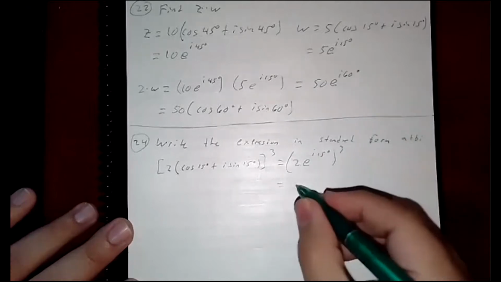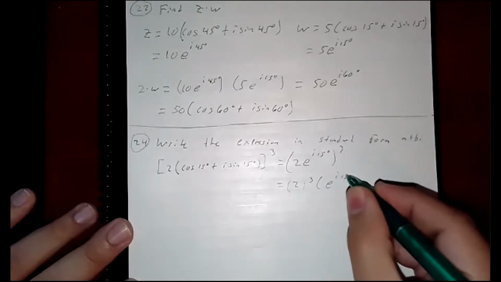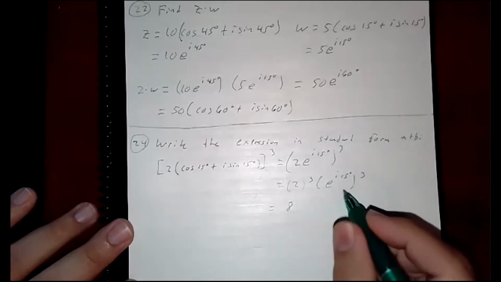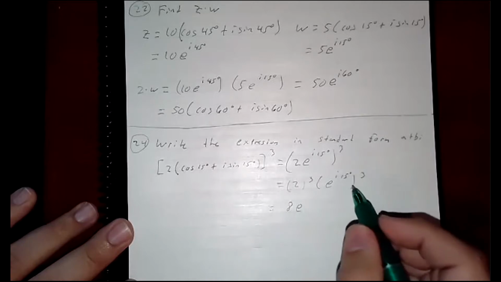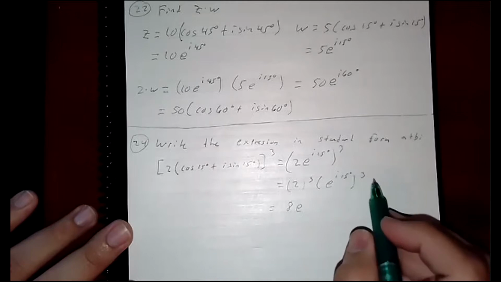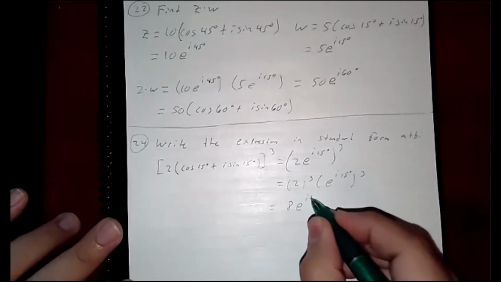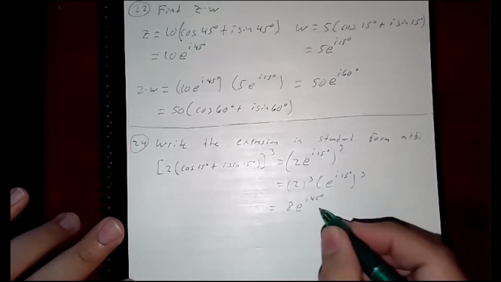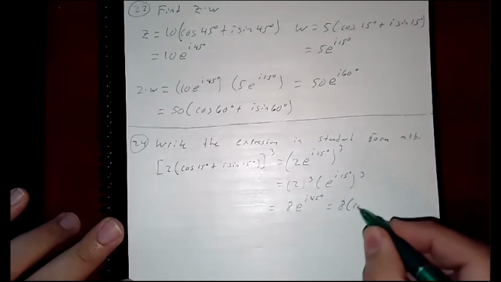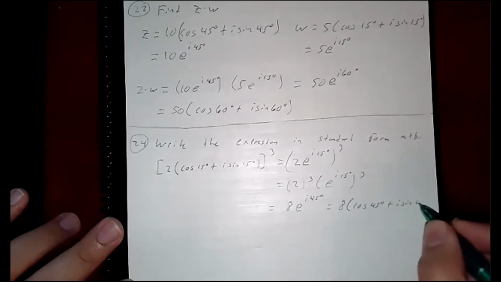So that would become 2 cubed times e to the i 15 degrees cubed, which would be 8 e to the 3 times 15, right? When you have a power to another power, you multiply. So 3 times 15 would be 15, 30, 45. So that would be i 45. Now getting it back to polar, that would be 8 times cosine of 45 plus i sine of 45.